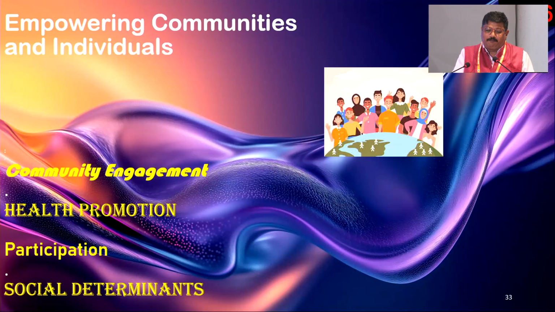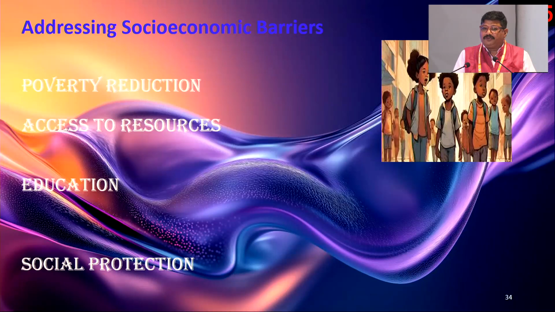So we have to empower communities, and of course the individual level also. Community engagement can be done through health promotion, participation, and social determinants. We have to address a few socio-economic barriers also. That is, we have to have poverty reduction, which is an indirect thing. We have to have access to resources, and of course education, the primary thing.